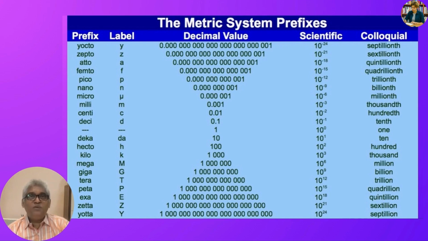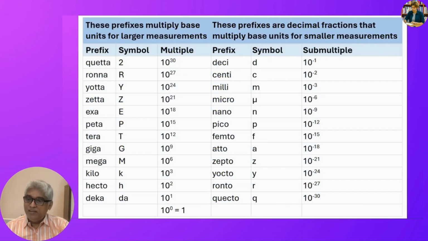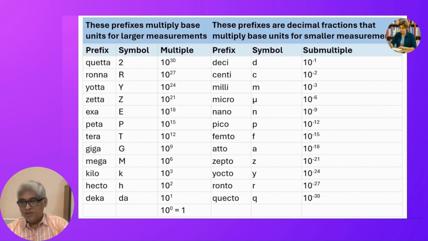So my advice to all of you is to take one small notebook and write all these things in it. If you find this blue table complex, then you can follow this one, where everything is written properly, say kilo, mega, giga, tera, peta, exa. In general, up to 10 raised to 15, or at the most 10 raised to 18, plus or minus.